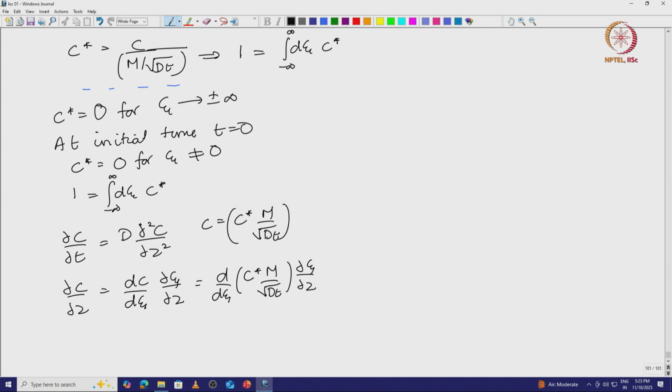And in this differentiation I can take out m by root dt. So, this is equal to m by root dt d C star by d psi, and partial psi by partial z is just equal to 1 by root dt, because psi is equal to z by root dt.